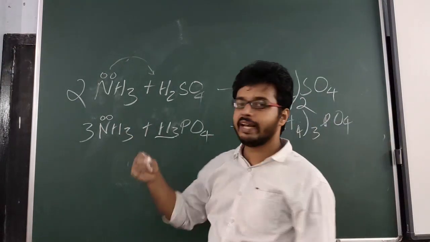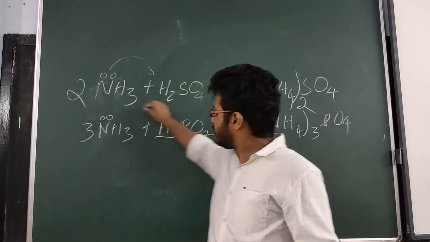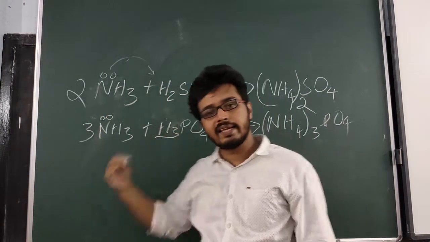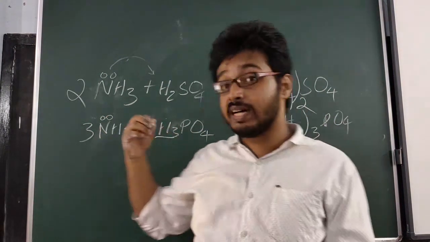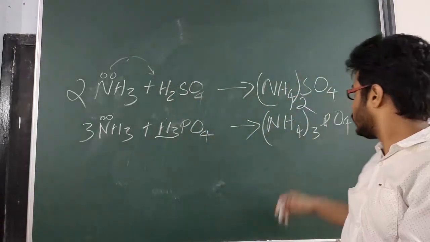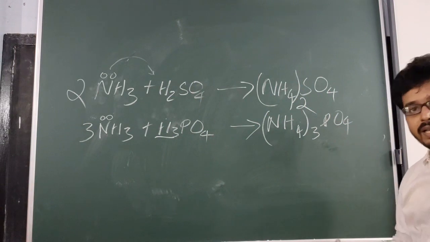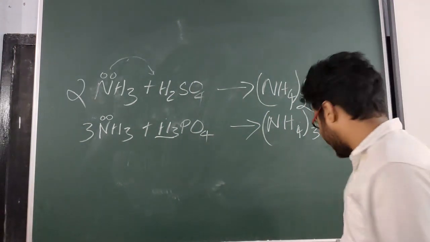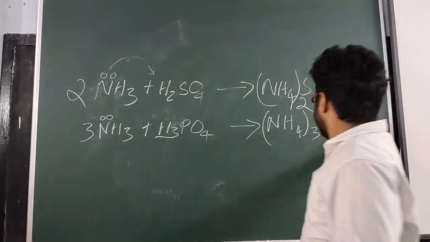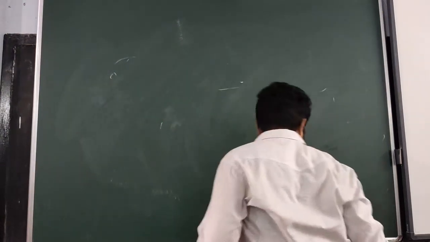If we are treating NH3 with any acid, the lone pair in the ammonia will take one hydrogen. So if there are 3 replaceable hydrogens, 3 ammonia molecules will react with them to form 3 ammonium ions. I hope you understood the reaction of ammonia with acids, and I hope you understood this part.